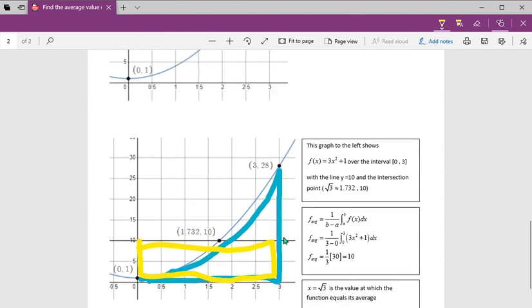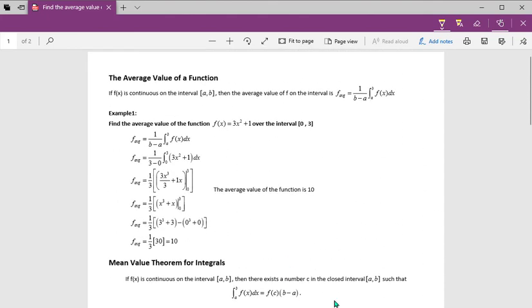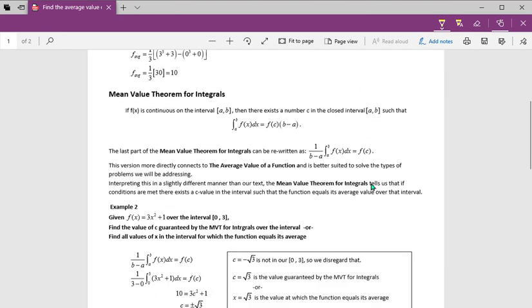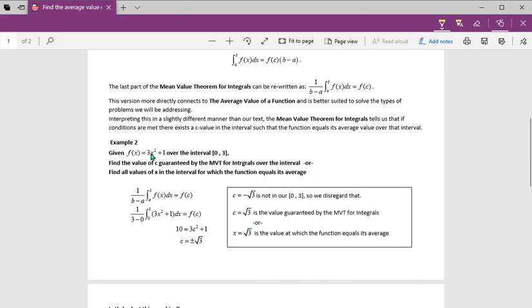What's most important for us is being able to, given a function with an interval, find its average value. Given a function with its interval, find that x or c value, depending on how they word the question, at which the actual value of the function equals the average value of the function over that particular interval.